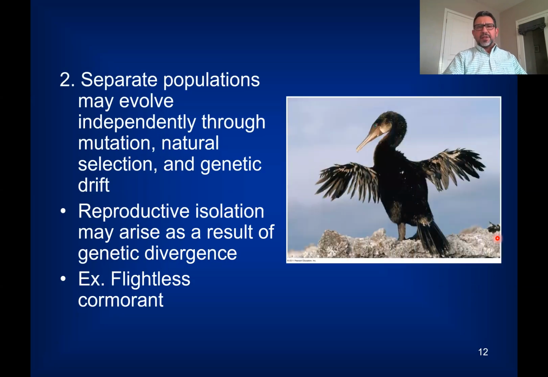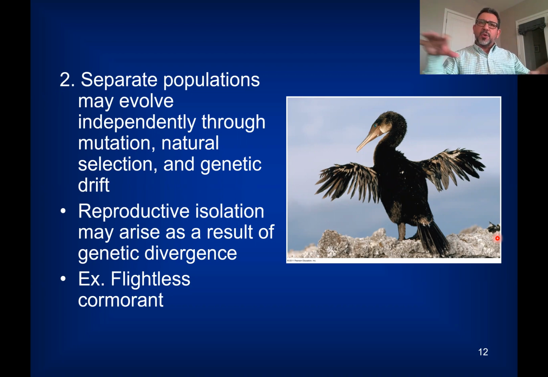Separate populations have a tendency to evolve over time because there is no gene flow. Remember that the idea of gene flow is one that is necessary for populations to remain as members of the same species. As long as gene flow is happening and members of one population mate with members of another population, that mixing of the two gene pools prevents the two populations from becoming different.